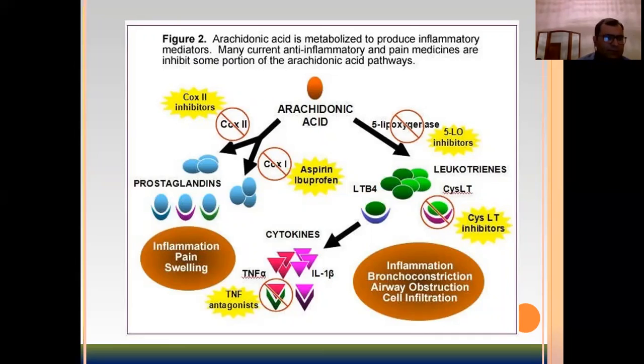Whenever there is any physical, radiation, or biological trauma to the tissue, that trauma makes injury to the tissue. For that injury, a response of the vascular connective tissue happens.